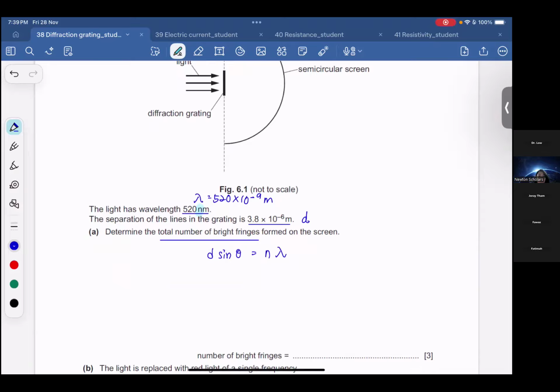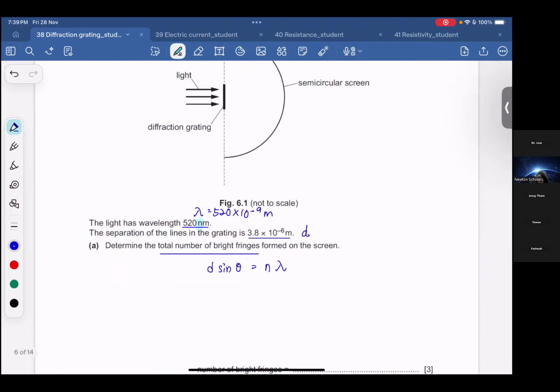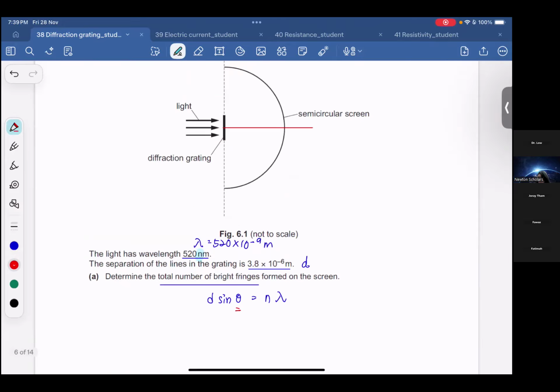Can you guys try? You have d. Then how about your angle? Just now I told you, semicircular means the maximum angle we can use is 90 degrees. Can you do the calculation and tell me how many bright dots you are able to observe on the semicircular screen?